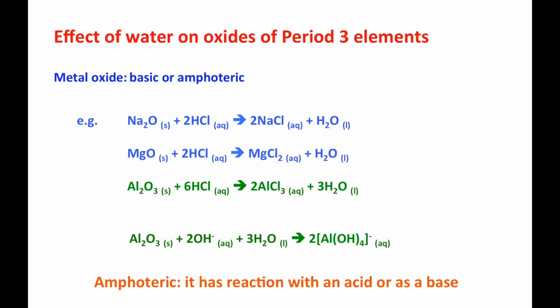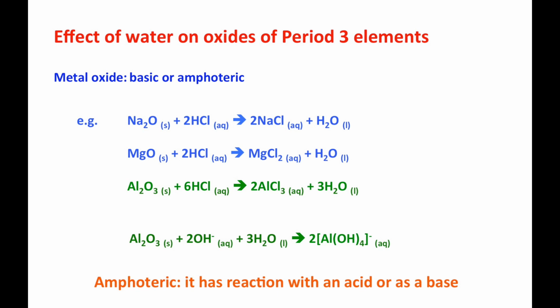And here shows sodium oxide reacting to form sodium chloride, magnesium oxide reacting with HCl to form magnesium chloride, and aluminium oxide reacting to form aluminium chloride. But students should pay attention. Aluminium oxide is a very special case because it can react with hydroxide solution at the same time to form a complex salt.